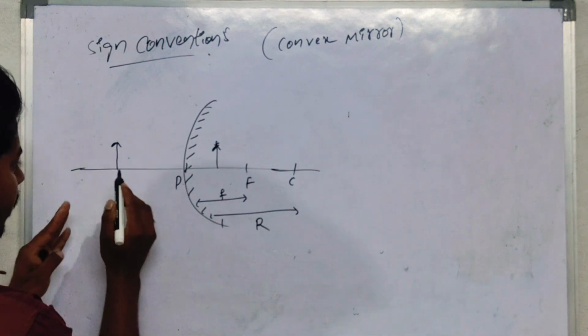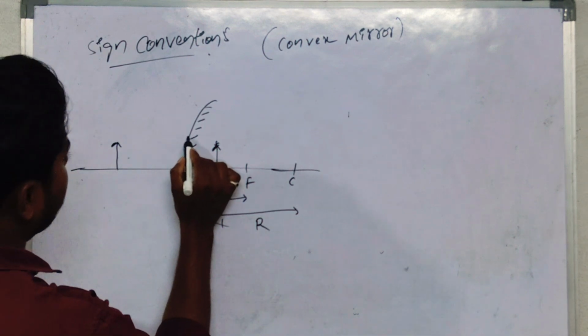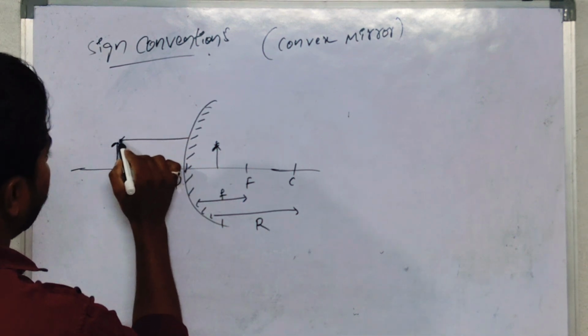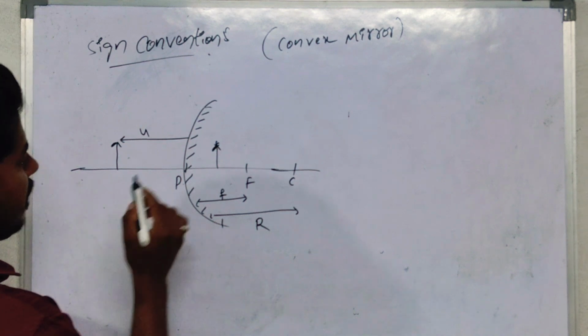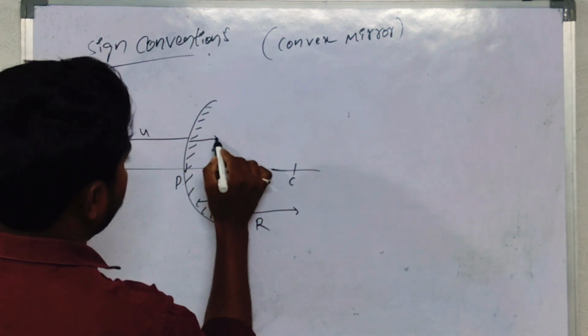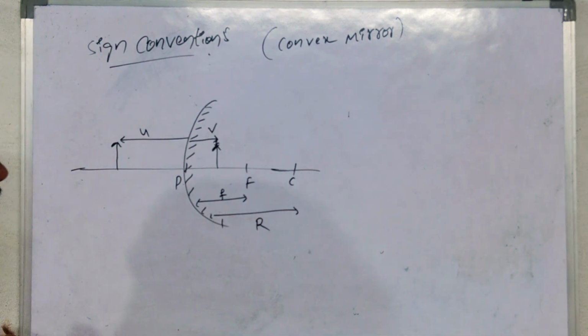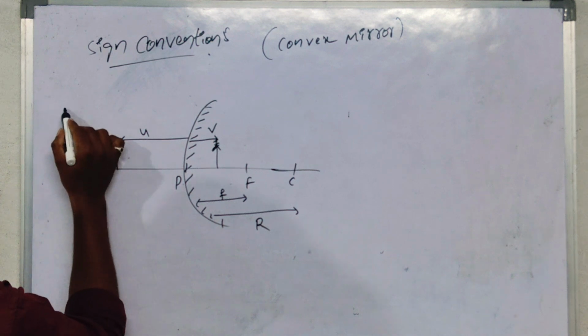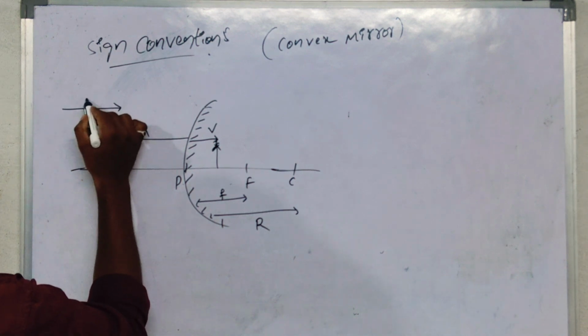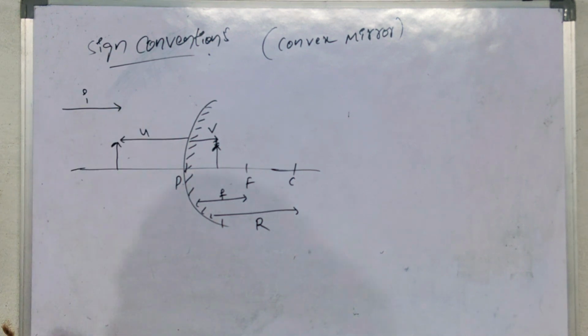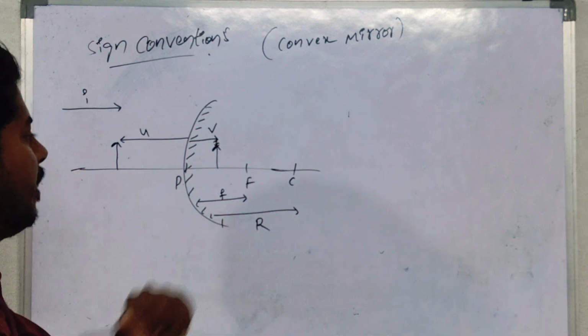So the distance of the object from the mirror is u. The distance of the image from the mirror is v. Let me draw the incident ray. The direction of the incident ray is always towards the mirror.